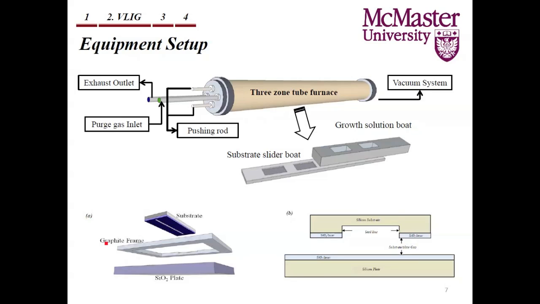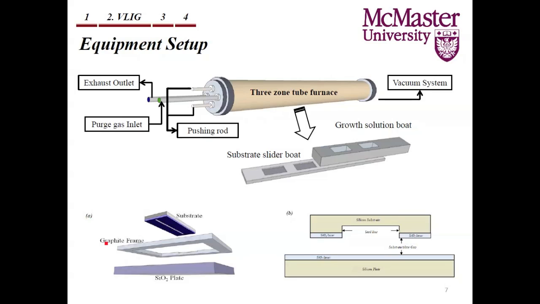The purge gas we use in this case is hydrogen, and the furnace is operating at a very low vacuum. We use slidables manufactured from pyrolytic graphite, and their function is to hold the compound substrate. The compound substrate is patterned with 100 micron silicon seed lines inside it.